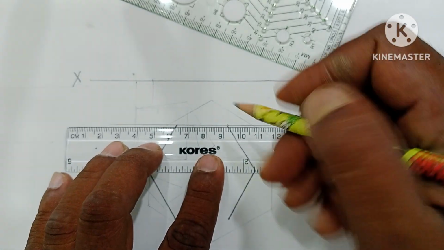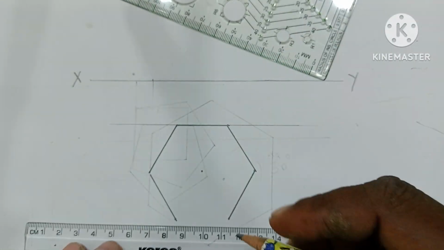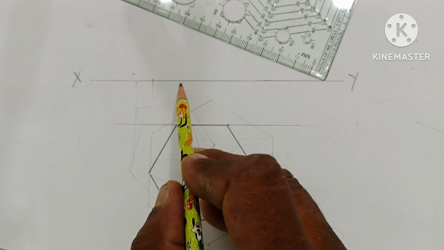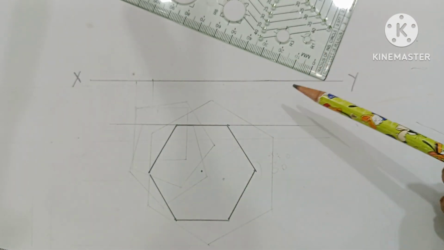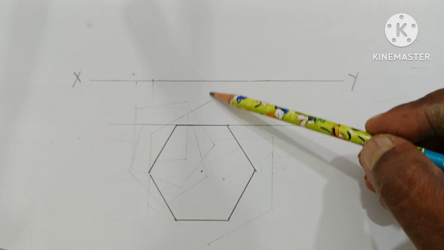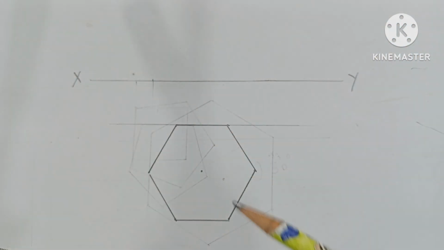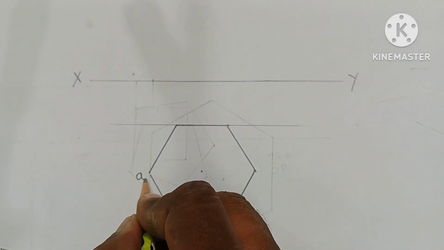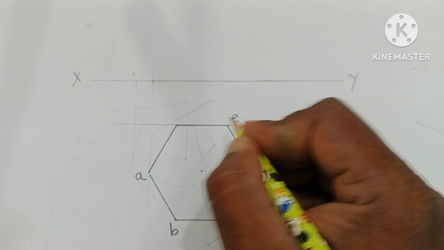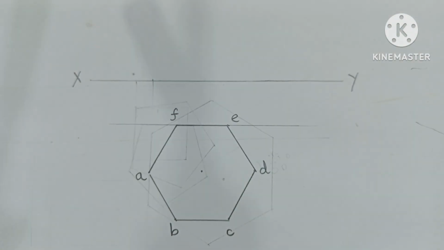This is a case of a hexagon with one of the sides parallel to the reference line called the XY line, parallel meaning a uniform gap between this hexagon and the reference line. Okay, the corners may be marked as A, B, C, D, E and F. In this way you can draw a ready-made pentagon, hexagon and square.